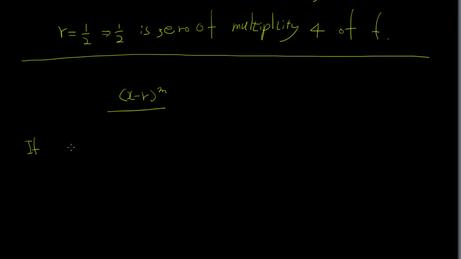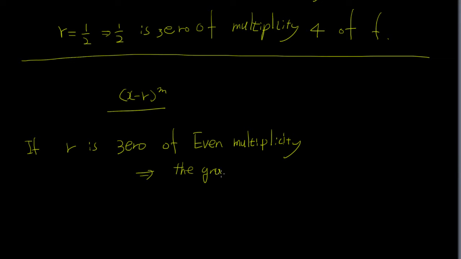If r is a zero of even multiplicity, then the graph of f touches the x-axis at r.